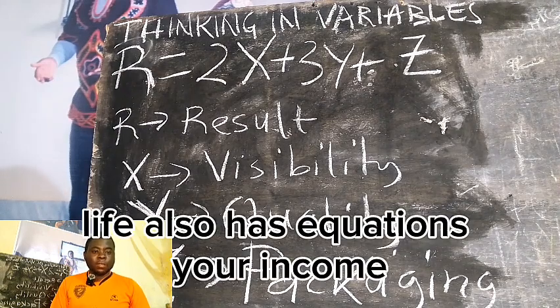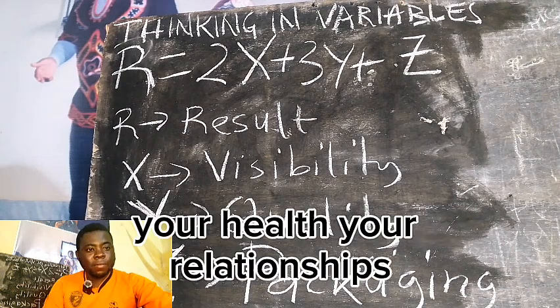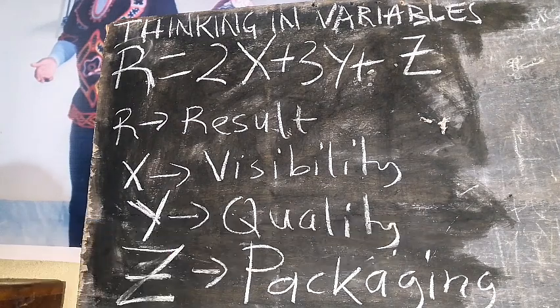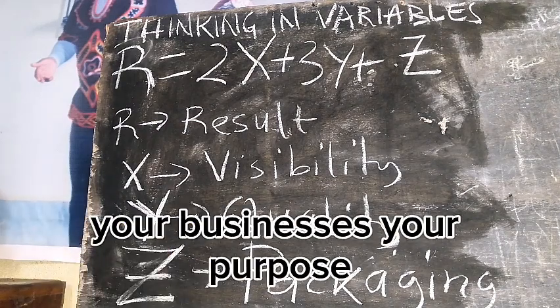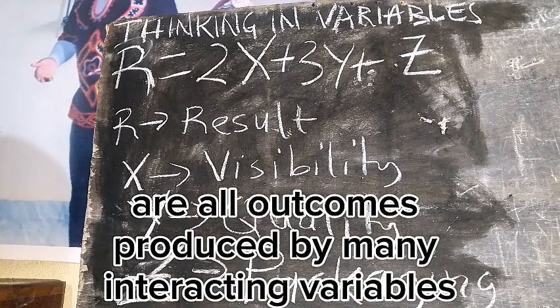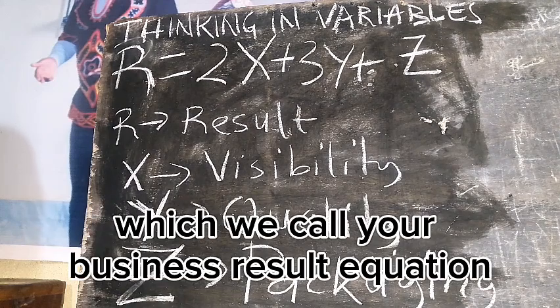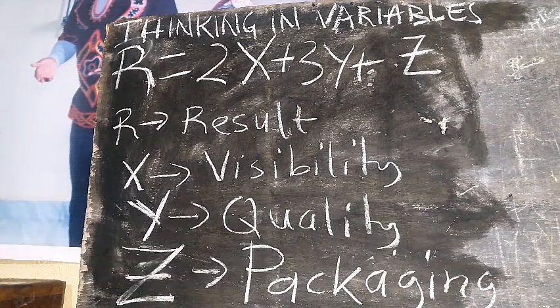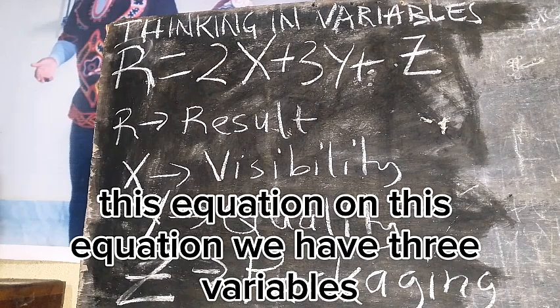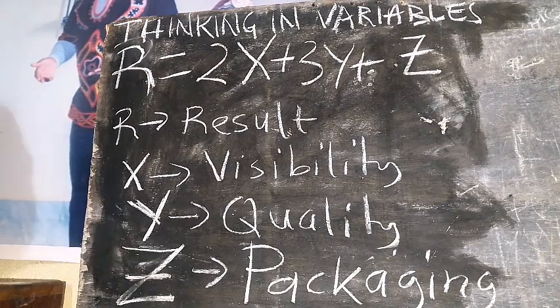Life also has equations. Your income, your health, your relationships, your businesses, your purpose are all outcomes produced by many interacting variables. Now on the board we have an example of an equation which we will call your business result equation. In this equation we have three variables.